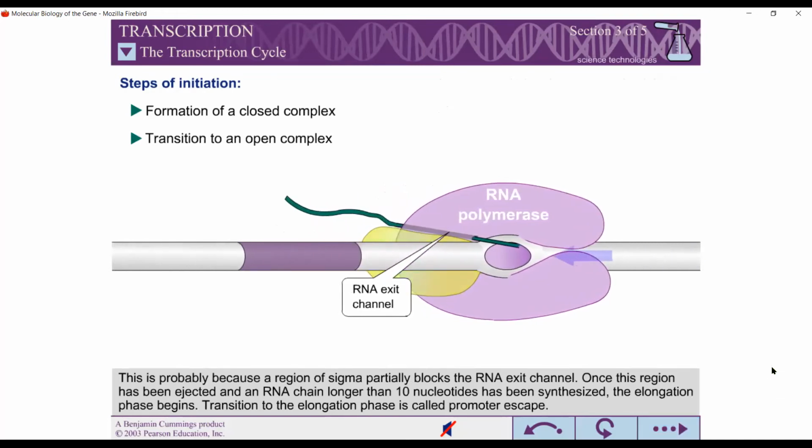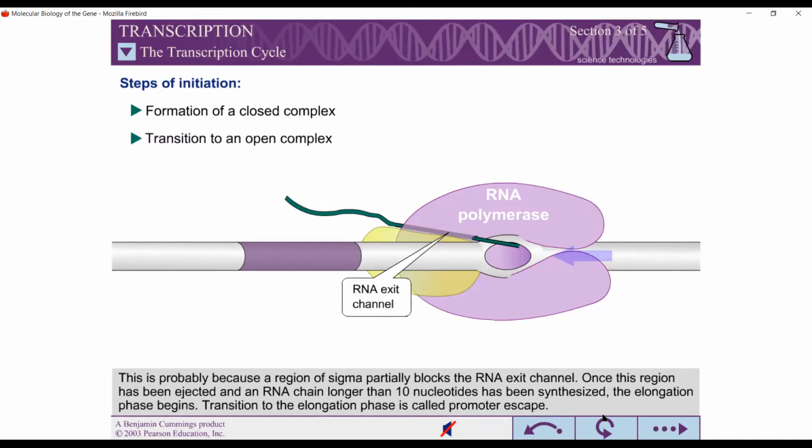So what you saw is that RNA polymerase recognized the promoter, and there was a transition from closed complex to open complex. And then the RNA polymerase is positioning itself in the promoter, and unless and until an RNA chain longer than 10 nucleotides has been synthesized, the elongation phase cannot begin.